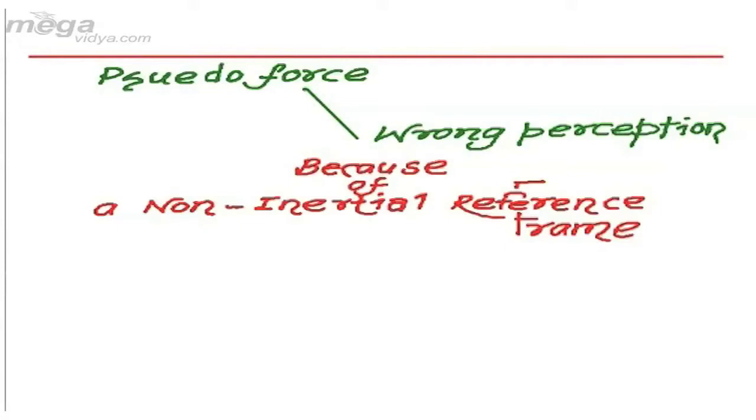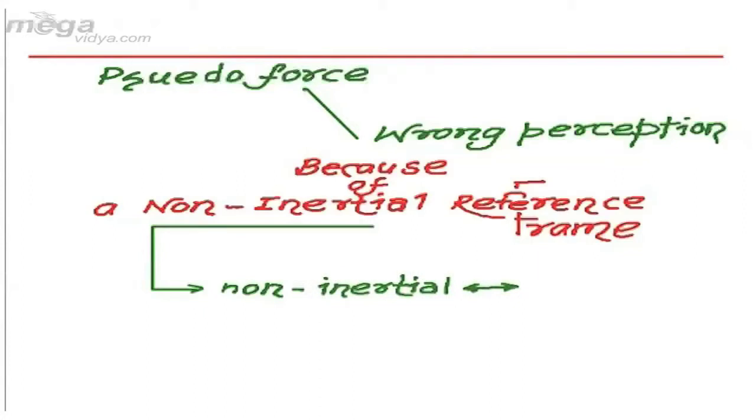As we had studied earlier, this non inertial reference frame is moving with some acceleration with respect to ground. So, if we want to describe this pseudo force in a pinpointed manner, then we must say that non inertial means accelerated.